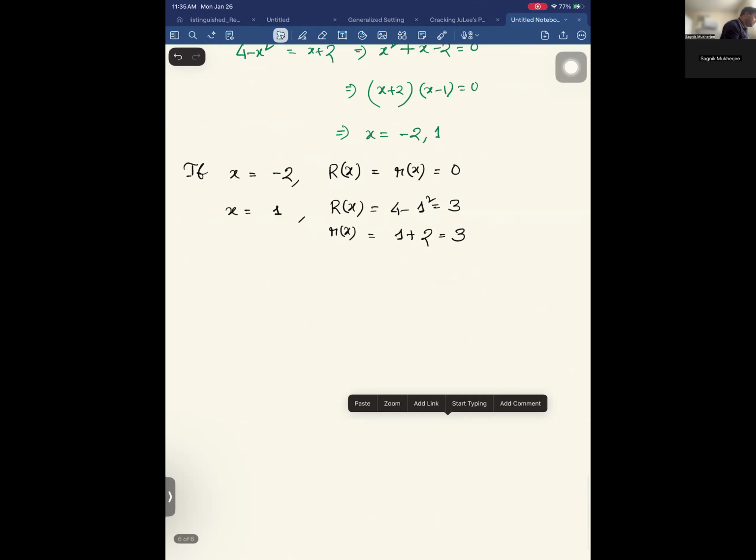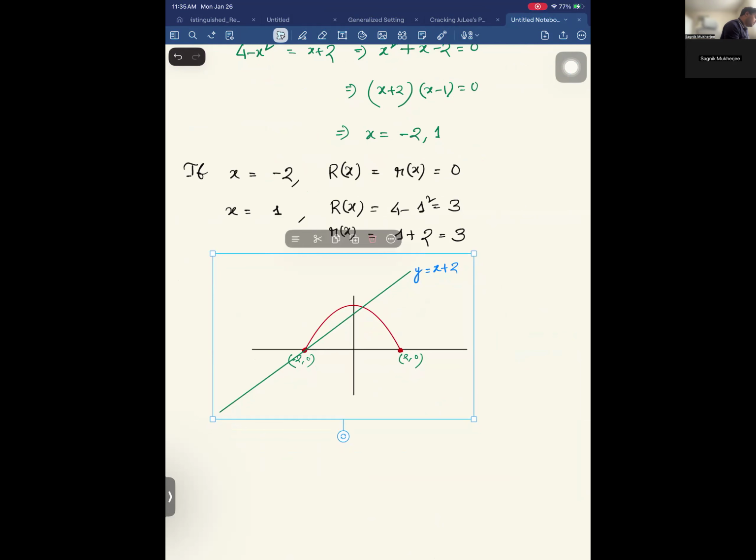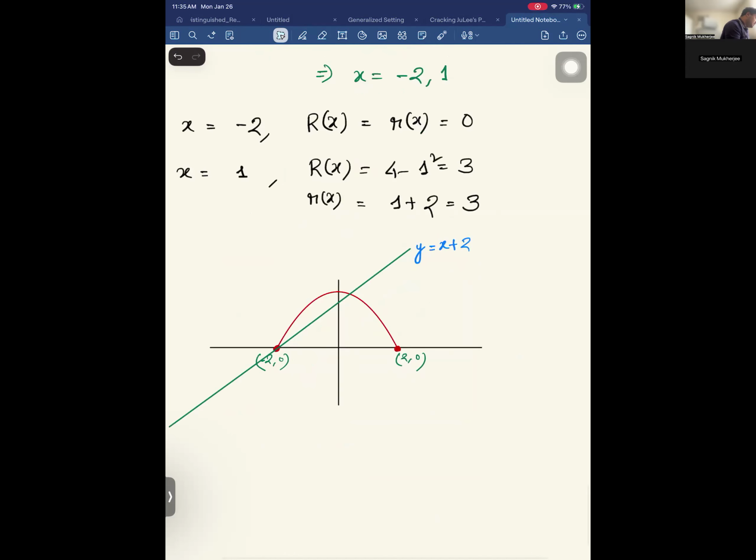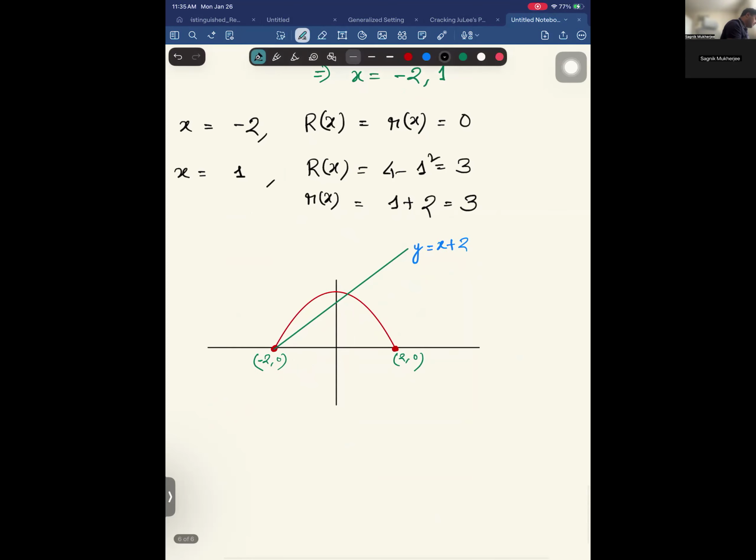Meaning, let me just try to show it on the picture. As you can see, the first point of intersection is this, negative 2 comma 0. And the second point of intersection is this, which is 1 comma 3, right?